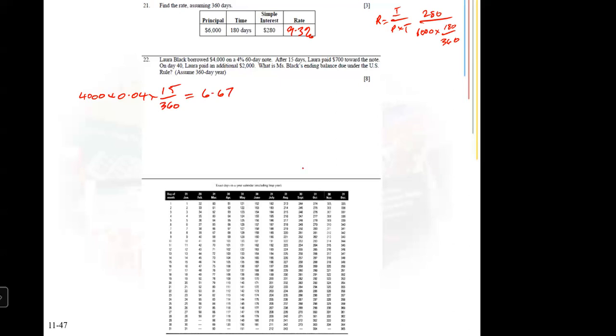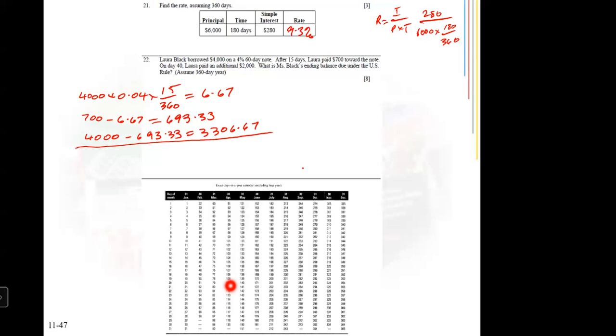And you take that interest out of the $700 payment that she made. And so $693.33 is left. And that will now reduce the principal from 4,000 minus the 693.33. And so the new principal now is going to be 3,306.67. So that's stage one.